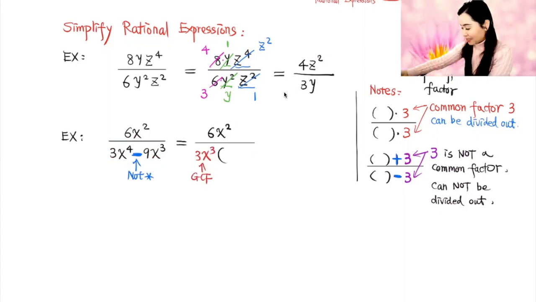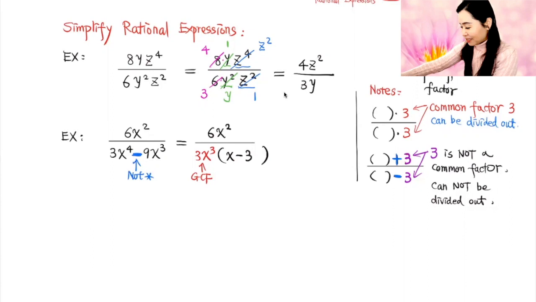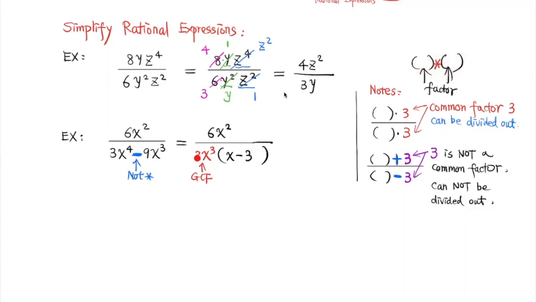After we take out this greatest common factor, we are left with x minus 3 in the parentheses. So 3x cubed times x gives you 3x to the 4. Negative 3 times 3x cubed gives you negative 9x cubed here. Now you see that the denominator is in factored form.